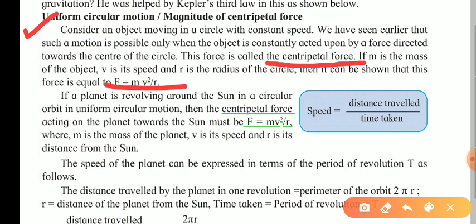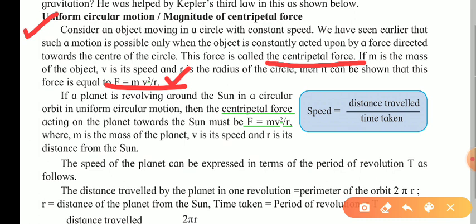Now if I am talking about an object whose mass is m and it's performing circular motion, and the radius of that circle in which it's performing its motion is r, then the formula can be written as F is equal to mv square upon r.